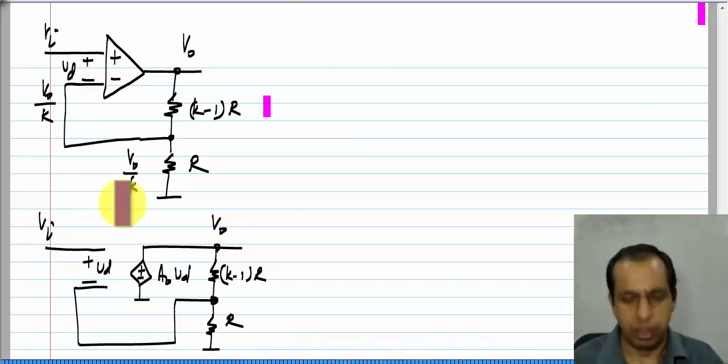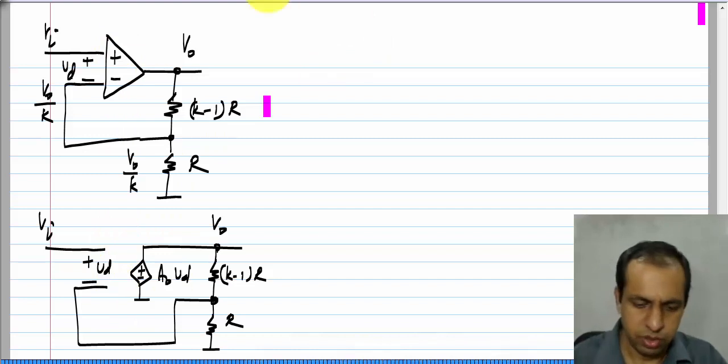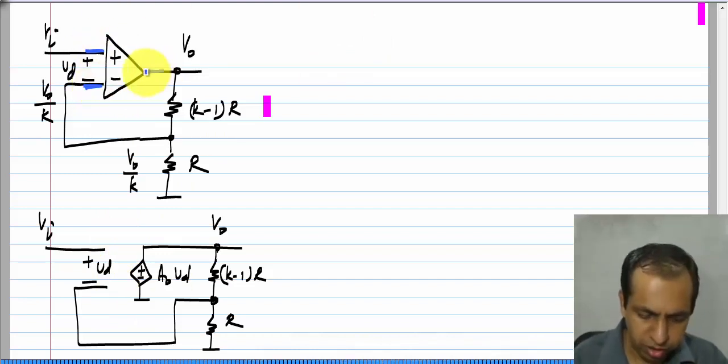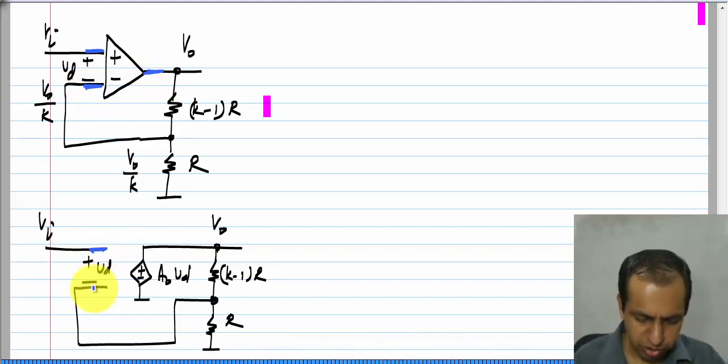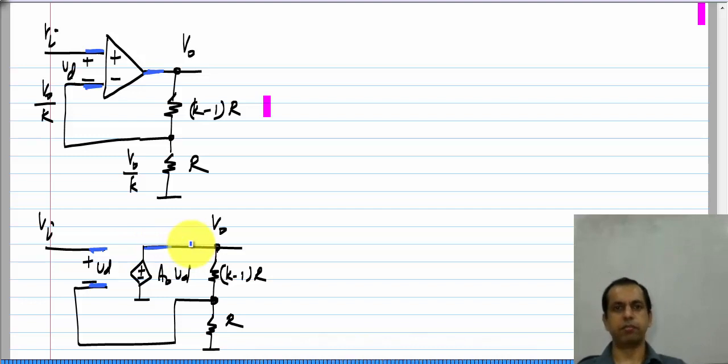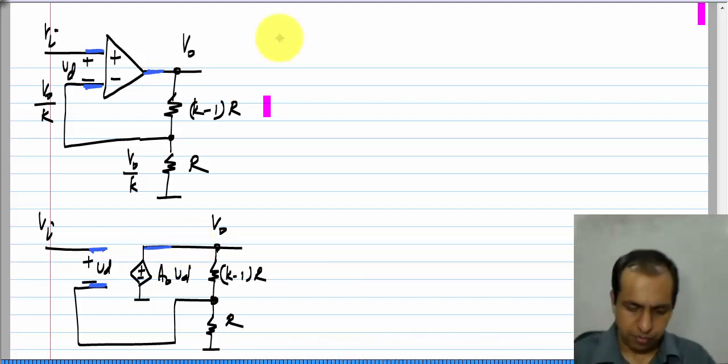I have simply substituted the op amp with the control source. The 3 terminals of the op amp here, here and there correspond to this one, that one and that one respectively. Okay. Now, this is a very simple circuit to analyze.